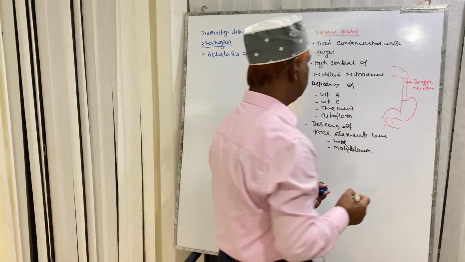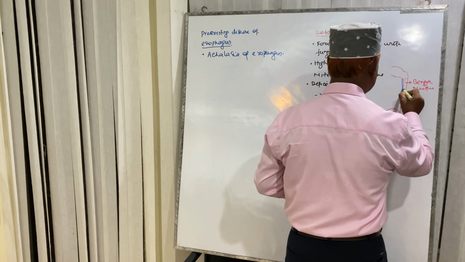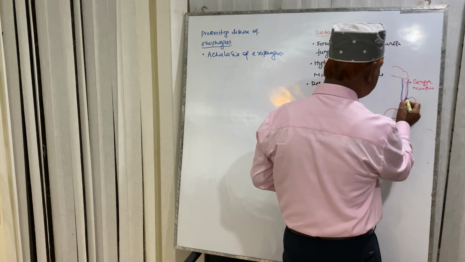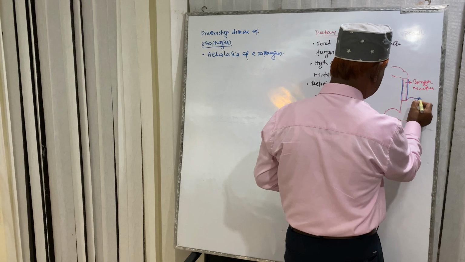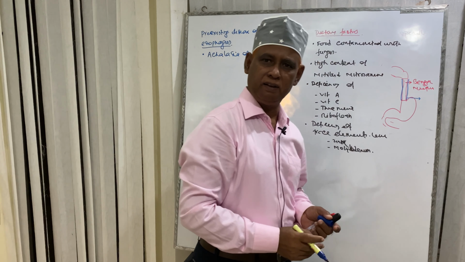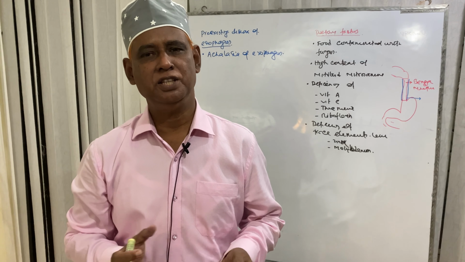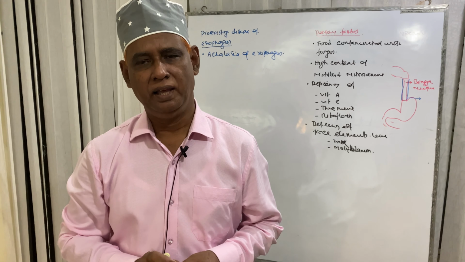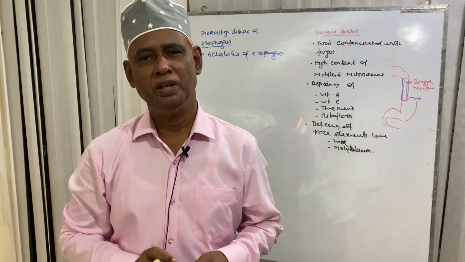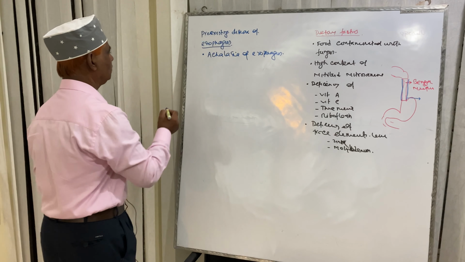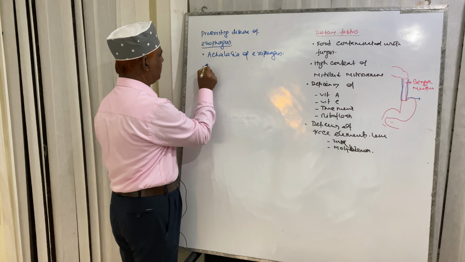Dear audience, this is the esophagus. If there is neural defect in the lower end of esophagus, there will be failure of relaxation of the esophagus, and this is known as achalasia. Achalasia may lead to esophageal squamous cell carcinoma. Esophageal diverticulum.